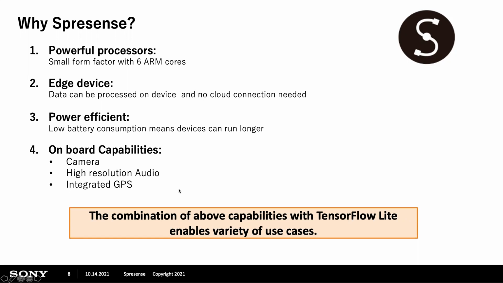So what TensorFlow does is give you a tiny machine learning that you can put on your device. Spresense gives you the low power processors and all this edge computing that you can do. So you can target a variety of applications with Spresense and TensorFlow.